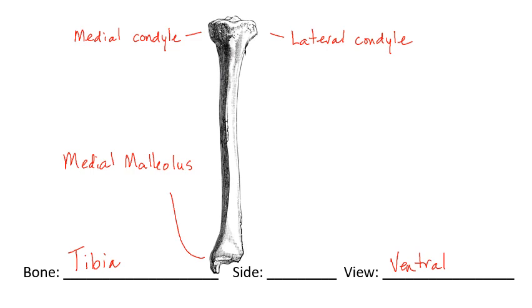One of the things that we are seeing that helps us identify whether or not we're looking at the front or the back, ventral or dorsal, is going to be the tibial tuberosity. And you can feel this just underneath of your knee.